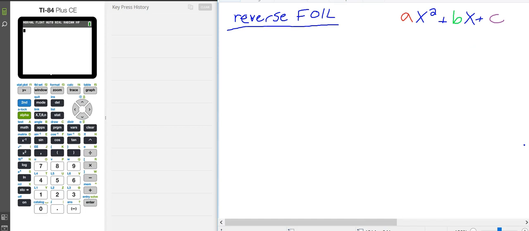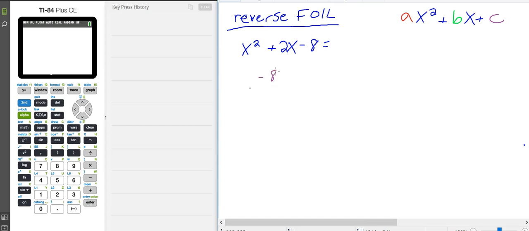Let's do another example. We want to factor x squared plus 2x minus 8. How would we do that? We want to find factors of c that add up to b. C in this case is -8.